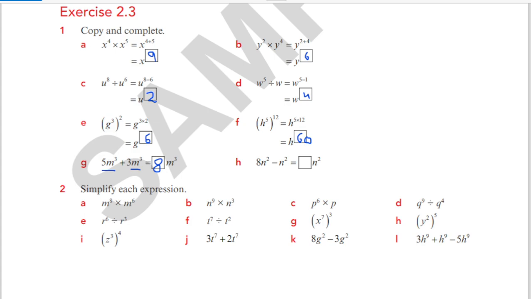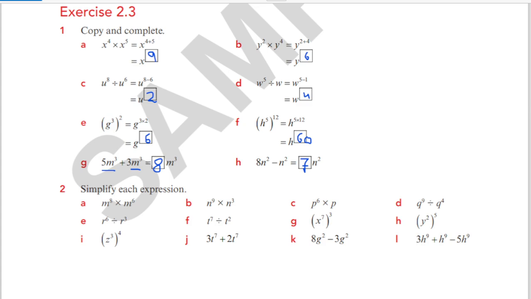If they were multiplying, then we would multiply 5 with 3 and then add the powers. As these two expressions are not multiplying, they are just adding. So 5m3 plus 3m3 will be 8m3. Similarly, 8n square minus n square: 8 minus 1 will be 7. So the answer will be 7n square.